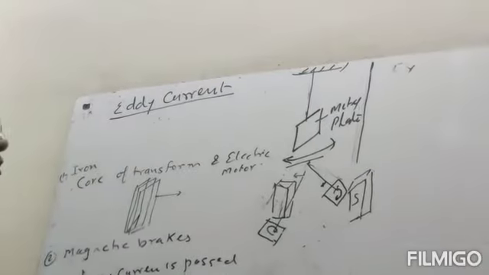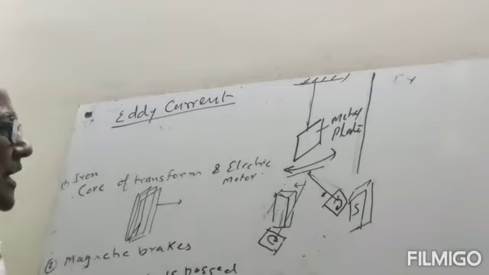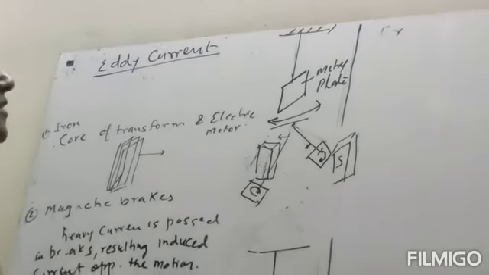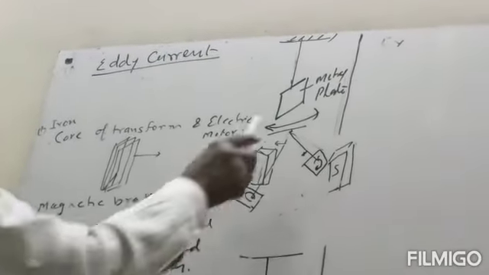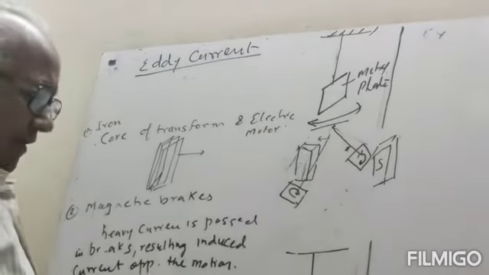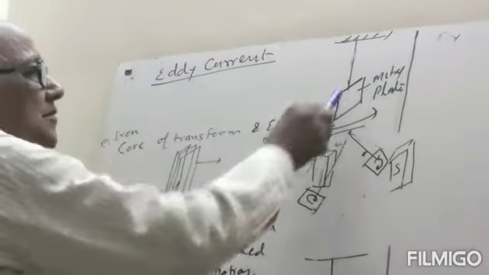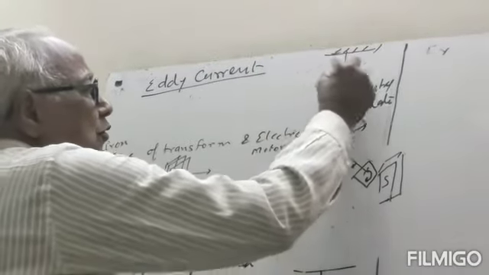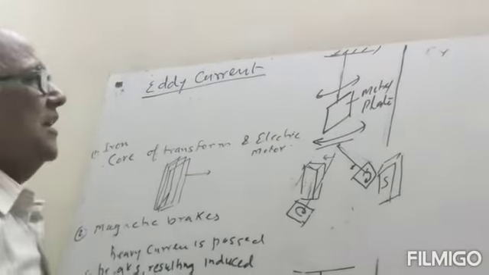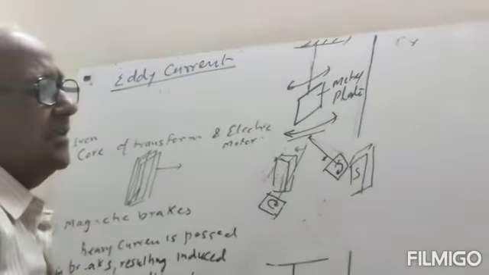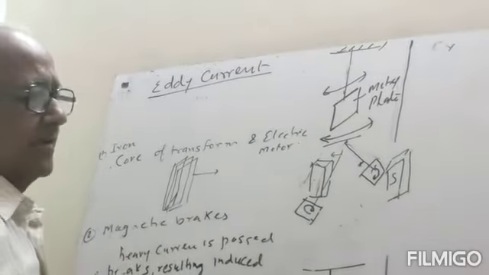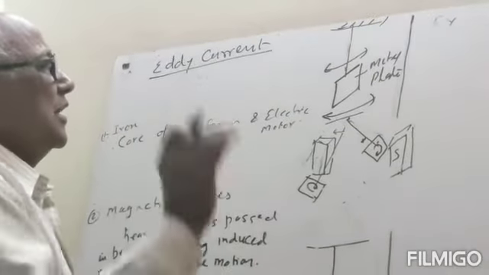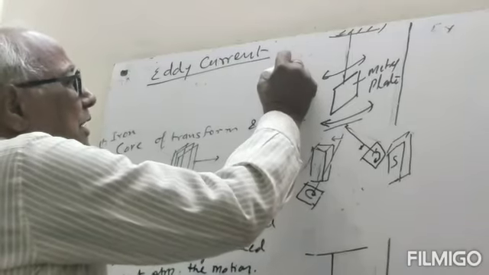Eddy currents. First I will explain eddy current in terms of an experiment. Suppose we have a metal plate suspended by a thread and we oscillate it. It will oscillate to and fro, and due to air resistance it will stop after a certain number of oscillations, suppose after 20 oscillations.